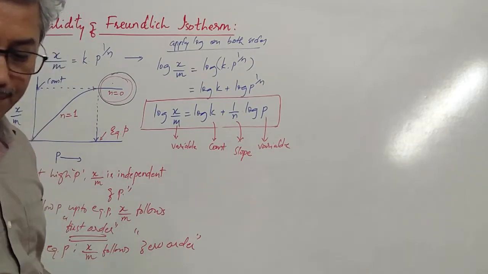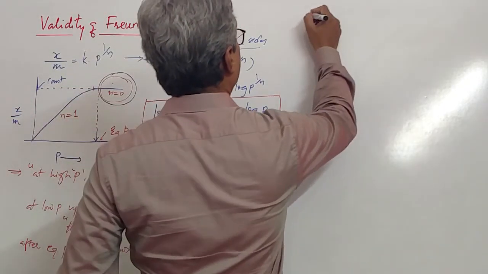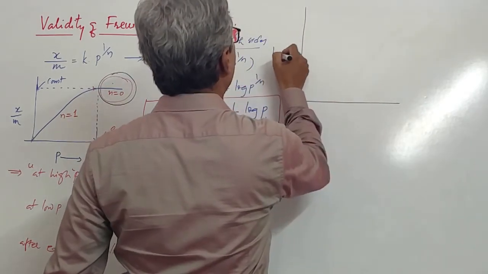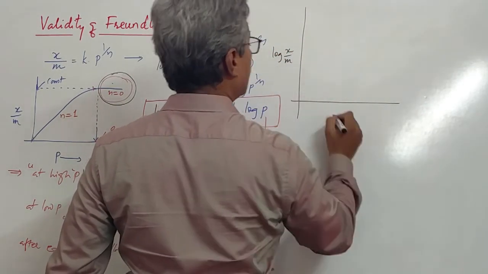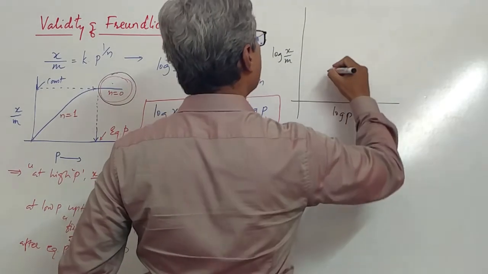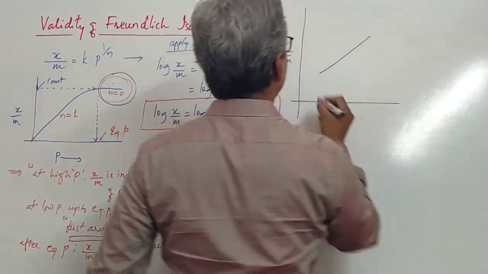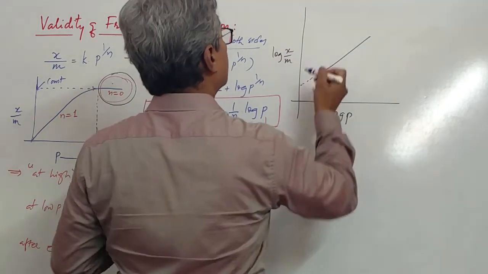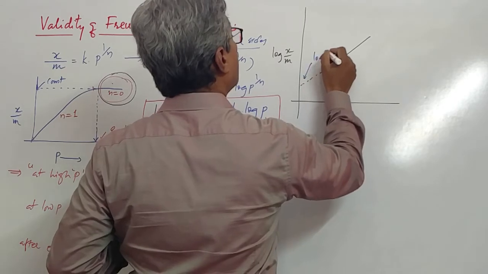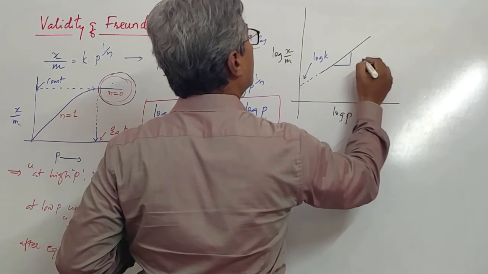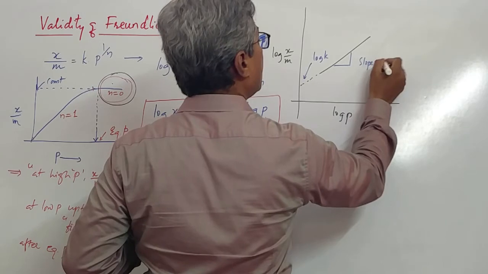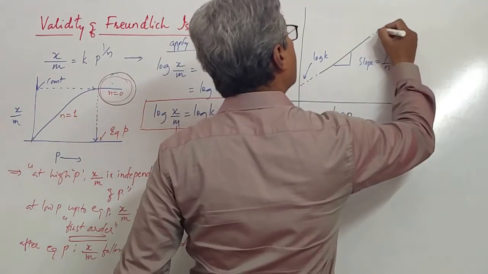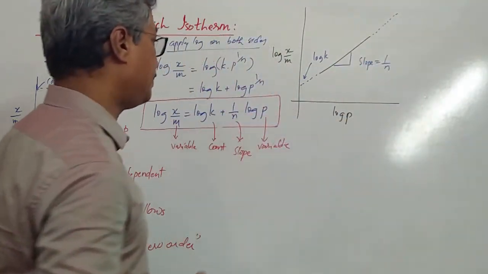Let us draw that in. This is log of x by m. This is log of p. Then this will be the straight line with the intercept of log k, and the slope will be 1 by n. See students, it can be extended like this continuously.